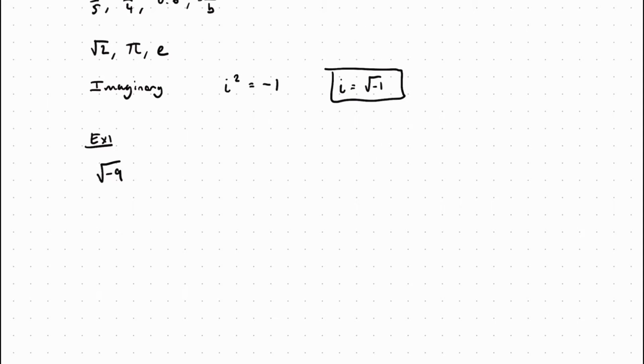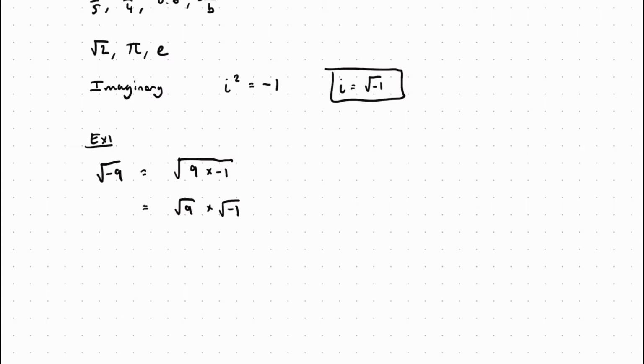To find the root of -9, what you need to do is split it into two parts. Root -9 is the same as √9 times -1, which can be split through the third law to √9 times root -1.